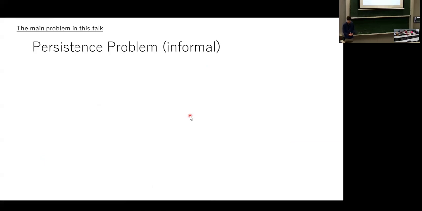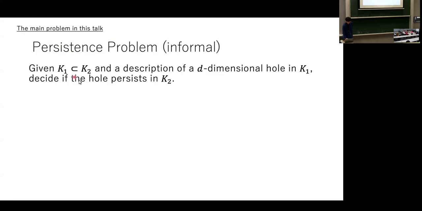Then in this talk, I want to introduce our new problem in topological data analysis, which we call the persistent hole problem. It can be informally introduced as follows. Imagine that you are given two simplicial complexes, K1 and K2, and the description of a hole in K1.